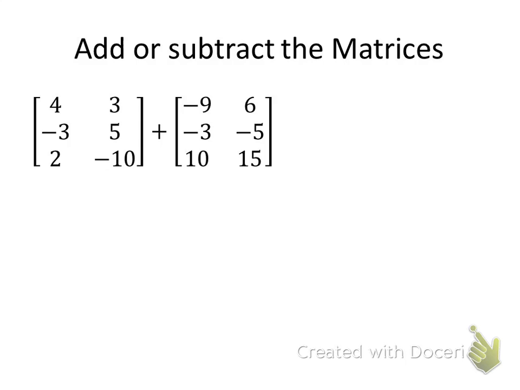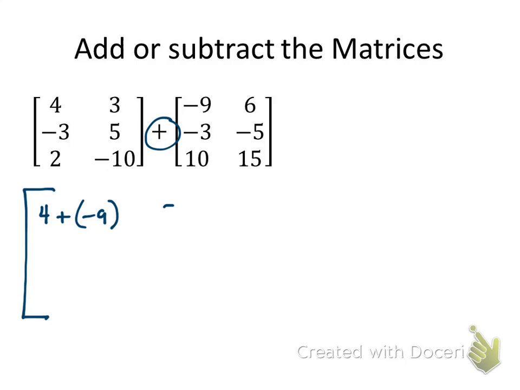Now I'm going to make a matrix that has exactly what numbers get added with what. How do I know that I'm adding? Because of this little plus sign right here. So I say 4 plus, what's 4 being added to? Negative 9.